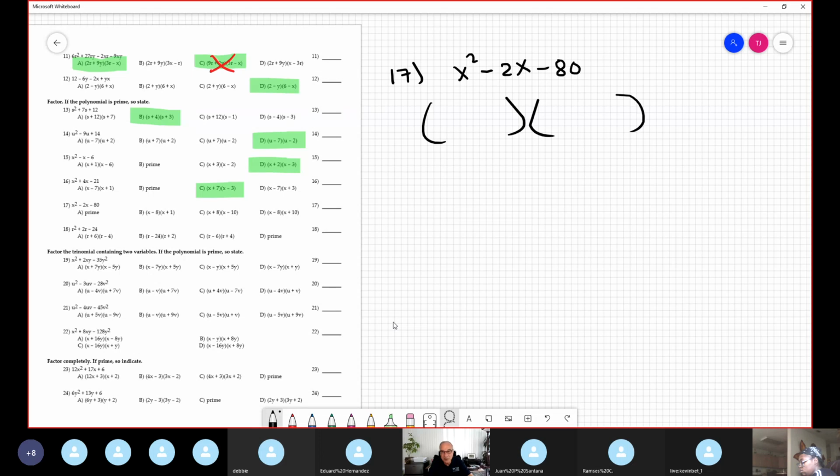Again, open two parentheses, the variable is x. I try to find the key to open the door. I need two numbers that multiply to give me 80. 80 has a lot of factors: 80 times 1, 40 times 2, 20 times 4. Pero the most important is that adding or subtracting give me 2.